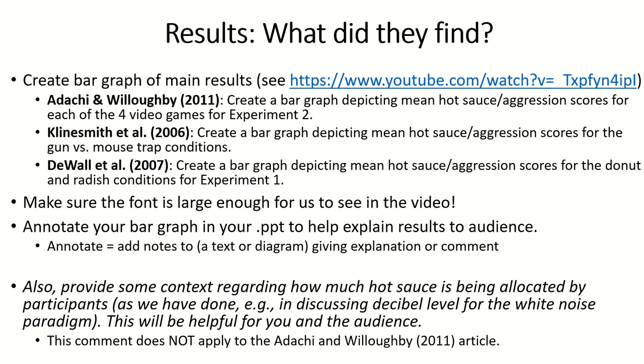For Kleinsmith et al., there's some supplemental results about testosterone. In the D. Wall et al. article, there are some supplemental results, I think, about mood. Don't worry about talking about those results. You can, if you want to, integrate them in, but you aren't required to address those. I'm having you focus on the primary outcome here, which is the hot sauce.